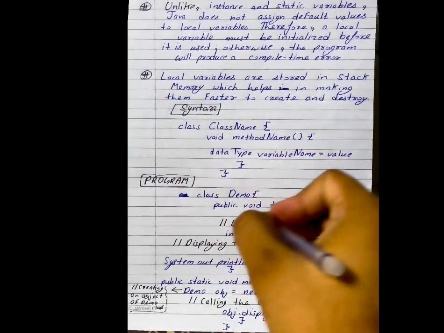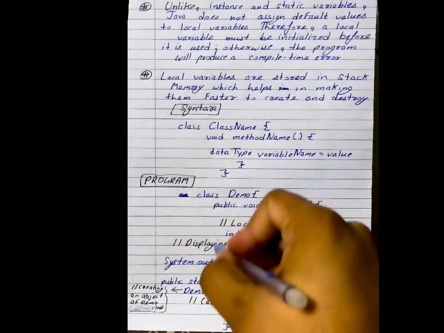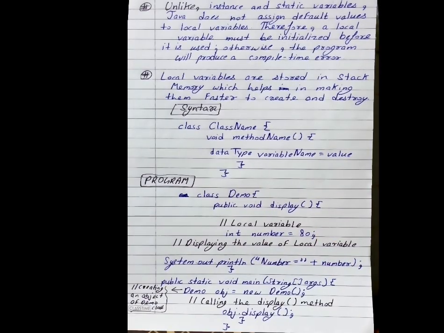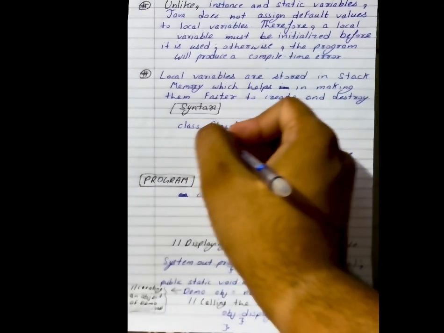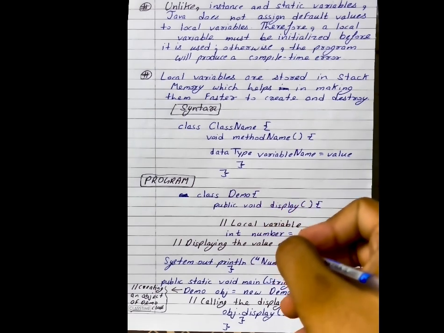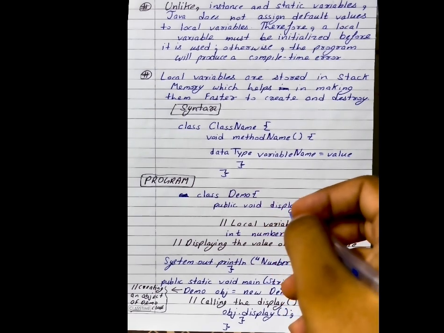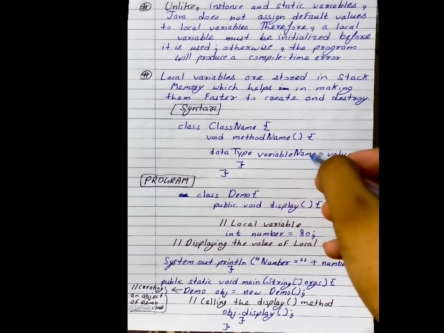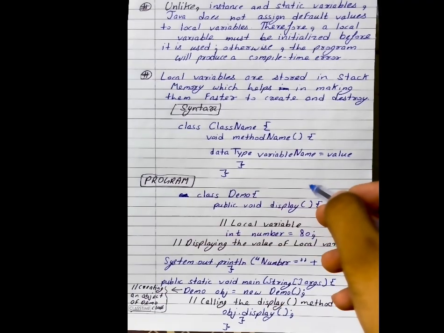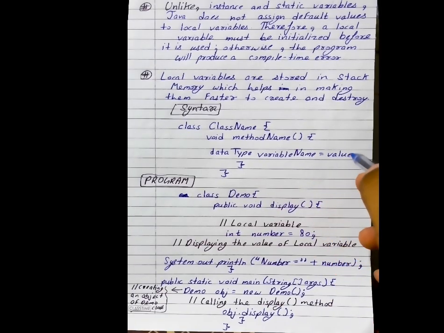Here in the program also you can see that. After that you will see dataType. As you know, it specifies the type of data that the variable can store. Next is variableName, the name of the local variable. And next is value, the initial value assigned to the variable.